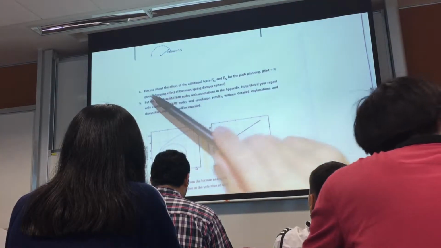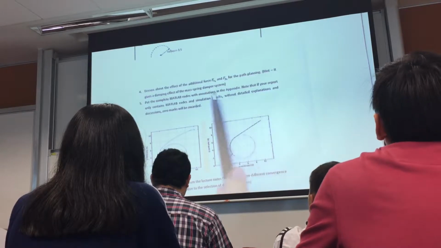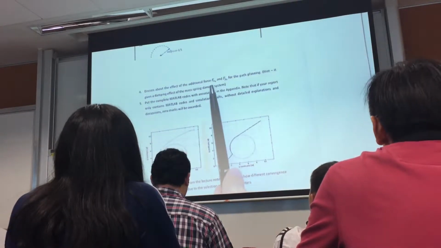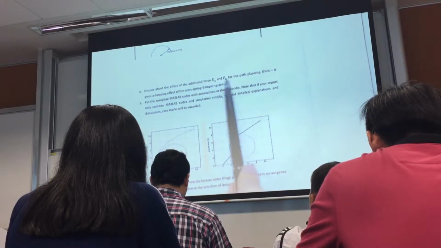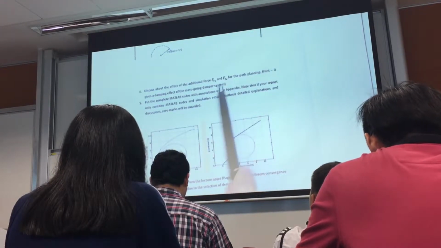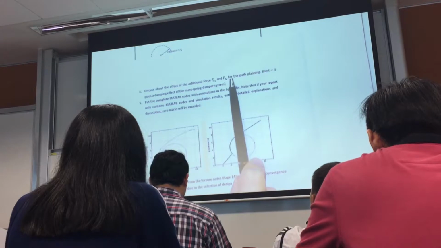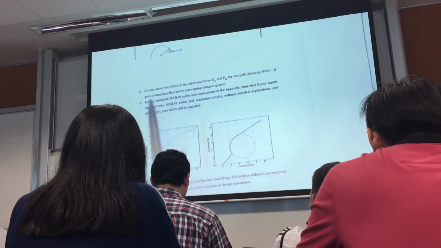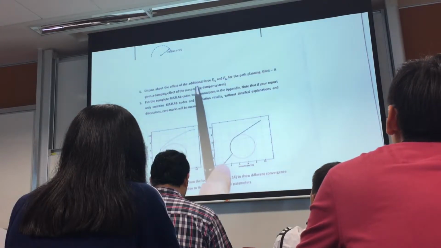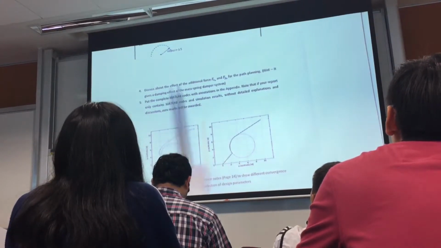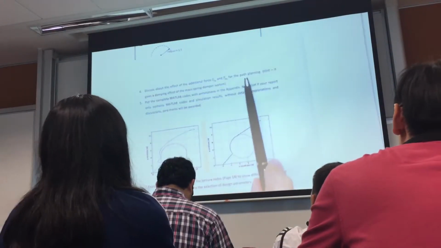The first requirement is related to the additional force. We introduced this additional force in relation to the velocity, but this force is not defined in our lecture. This requirement asks you to discuss what the effect is and why we need this additional force.